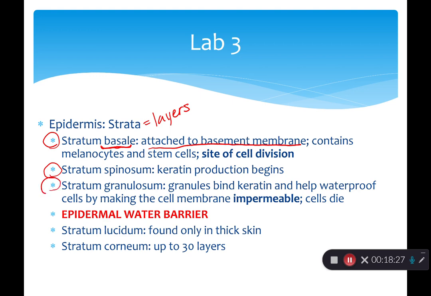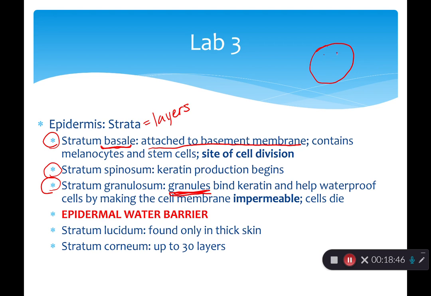Stratum granulosum, you're going to see darker granules in these cells, and what they're doing is binding up the keratin into bundles, and they're helping to waterproof the cell. So here's a cell of the stratum granulosum.